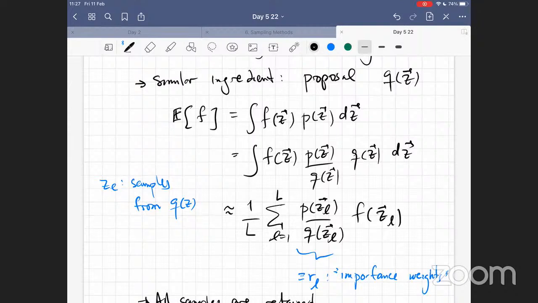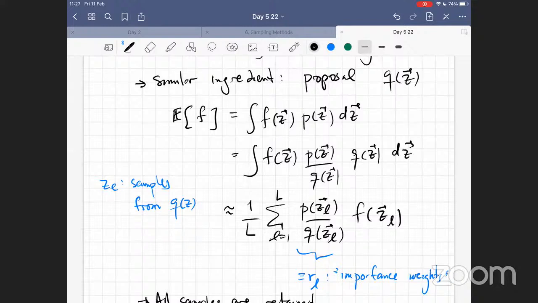If you have a distribution P which is quite big, then it might happen that this P of Z, if we can sample from that, maybe most values do not lie in the range of the peak.